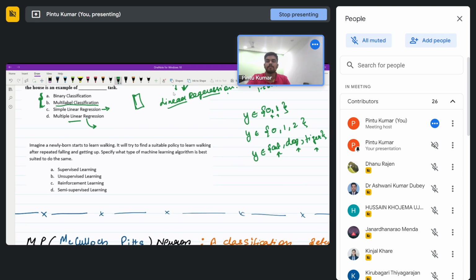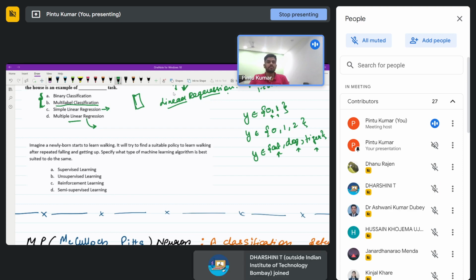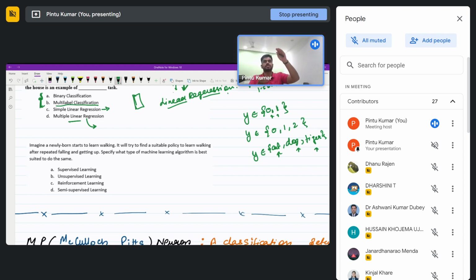Okay. So the next question is, imagine a newly born starts to learn walking. It will try to find a suitable policy to learn walking. After repeated falling and getting up, specify what type of machine learning algorithm is best suited to do the same. Okay. So the child would start walking. If he's able to keep standing, then he will feel that he has got rewarded because he's able to stand.